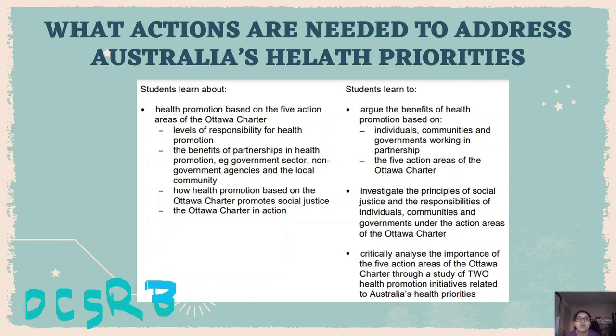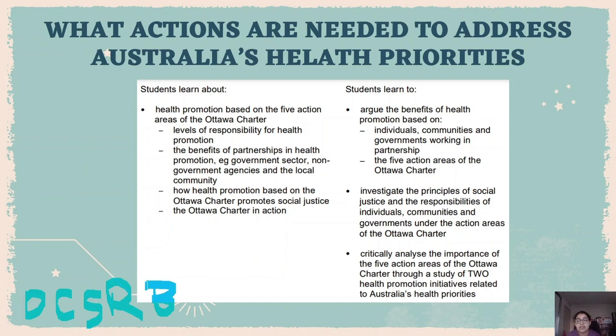For example, compulsory PDHPE from kindergarten all the way up to year 10 is an example of that. So is Year 12 Be Street Smart. That's also an example of developing personal skills.